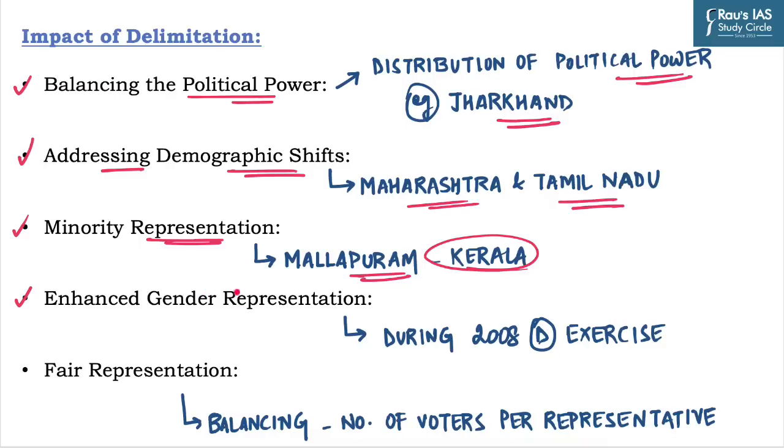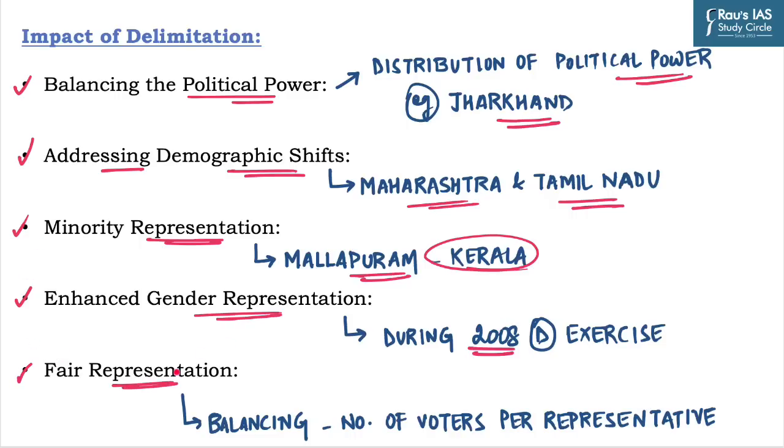Further, the delimitation exercise helps in improving the gender representation. During the 2008 delimitation exercise, the constituencies in certain states were redrawn to facilitate reservation of seats for women in local bodies in order to promote greater participation of women in the political process. And lastly, fair representation.